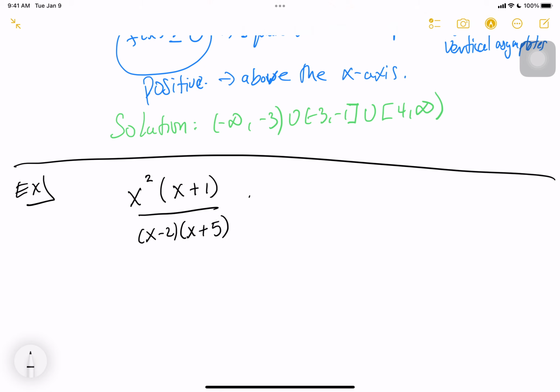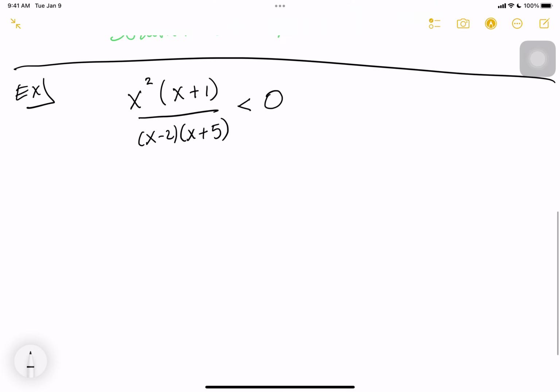And I want to know when this thing right here is less than 0. So when you try to solve this inequality, you need to create a sign chart. For the sign chart, you need to find the x-intercepts and you need to find the vertical asymptotes.